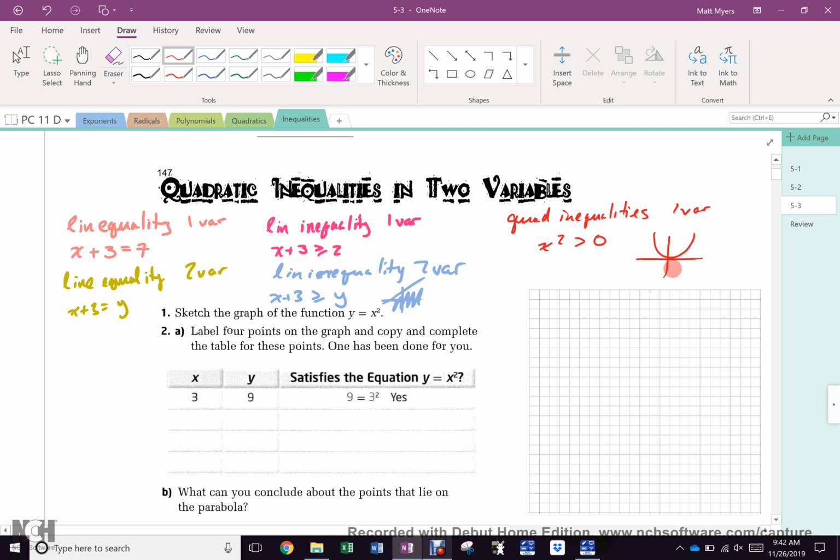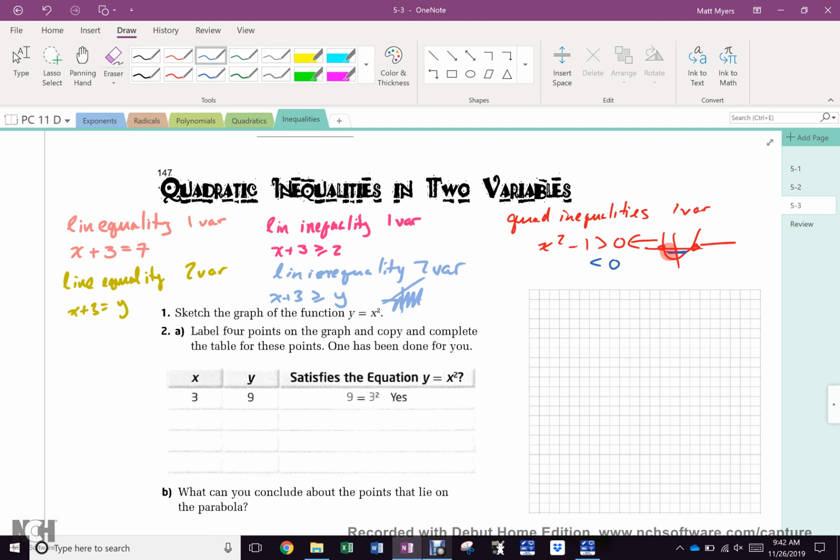Or, no, then we only care about x's. Right? That was a bad one. Let's make it x squared minus 1 is greater than 0. So it has to go like that. And where is it greater than 0? Out here and out here. Where is it less than 0? In there. Right? And we only care about the x-axis. Why? Because there's only one variable.